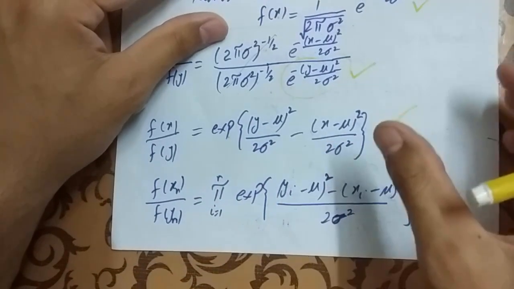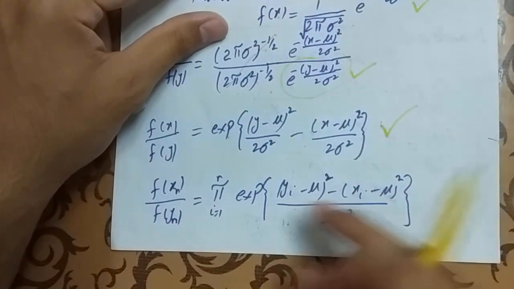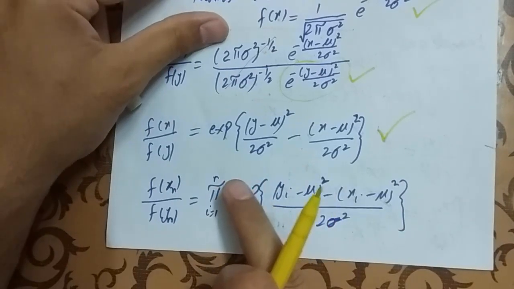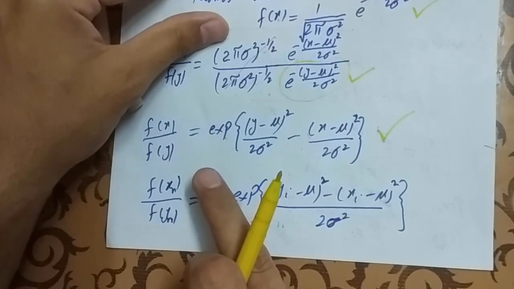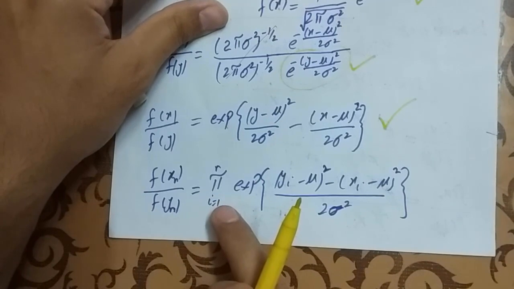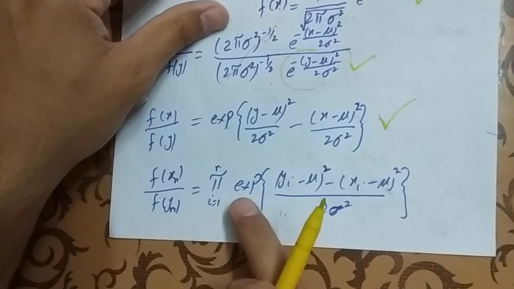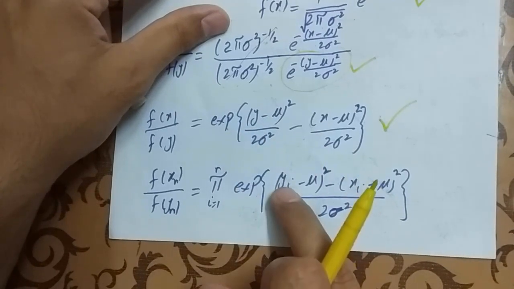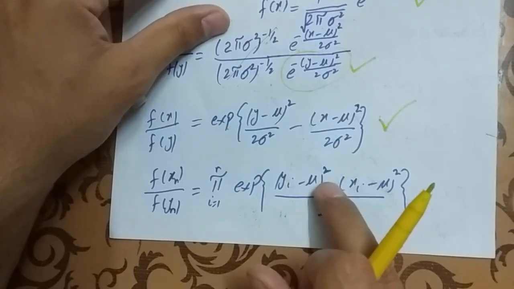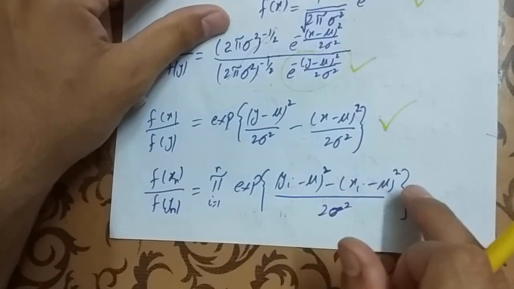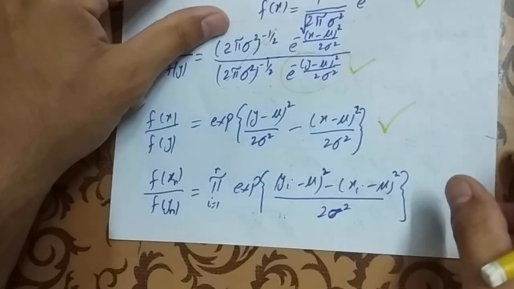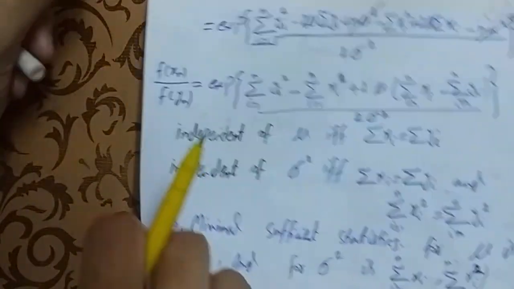Now if we compile the probability distribution function of all n observations, we denote it as the product over i from 1 to n of the exponent of yi minus mu whole squared minus xi minus mu whole squared over 2 sigma squared.